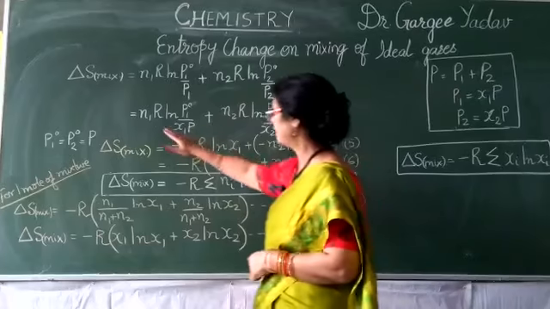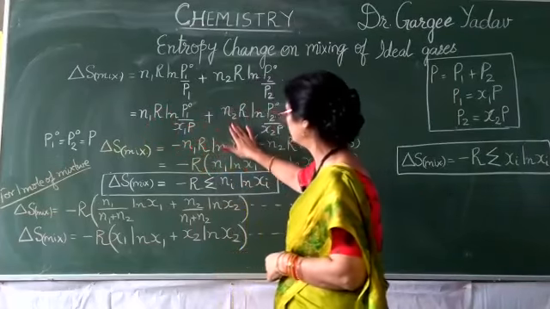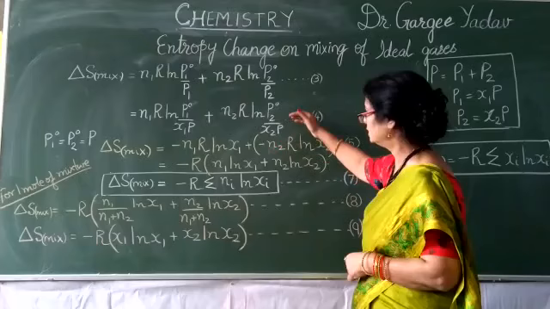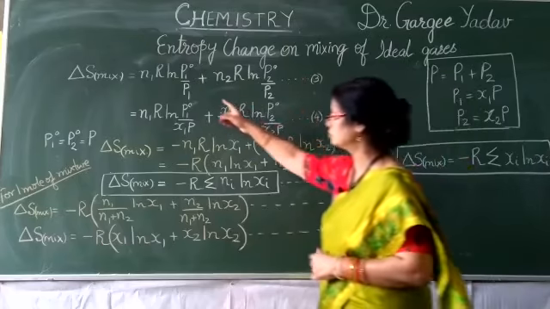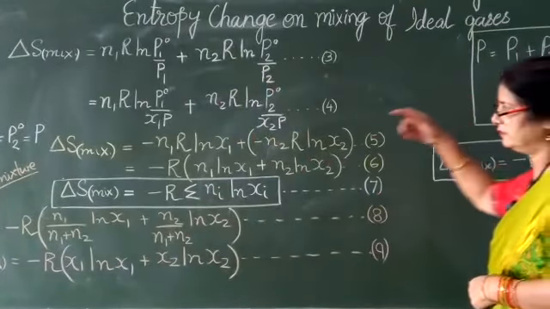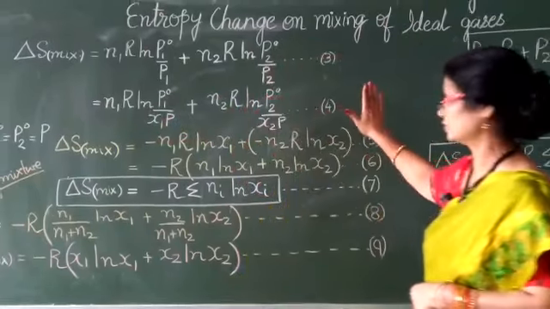What we get is N1 R ln P1 naught upon X1 P plus N2 R ln P2 naught upon X2 P. Let it be equation number 4.